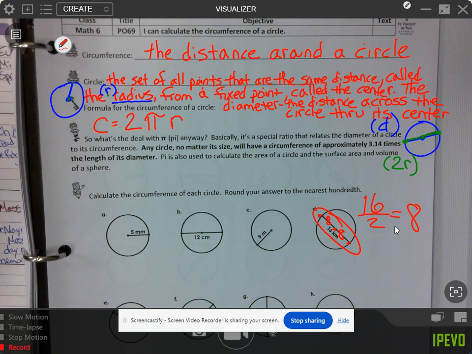You need to be sure that you're filling in all parts of the formula. So remember that diameter are 2 radiuses. So we only need 1 radius in our formula. So we would do 2 times pi times 8. And if I do 2 times pi times 8, what do I get, Melanie?